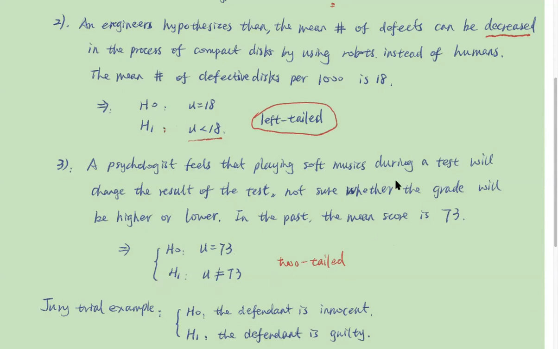H1 is determined by the statement. Previously, if they said higher or lower, we could decide it's greater than or less than. In this case, they did not say that. In fact, they say it's not sure. So in that case, by default, it's not equal to. So we call this a two-tail test. Follow me?